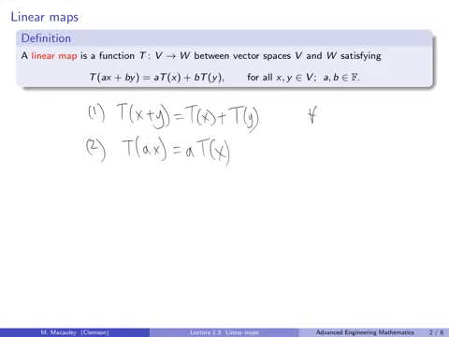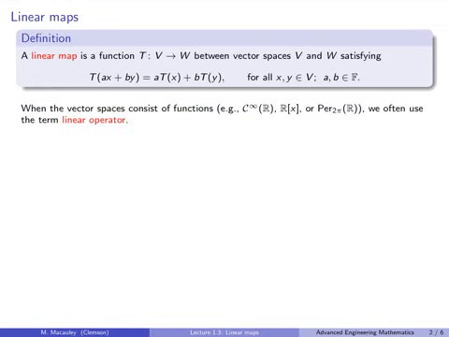This holds for all x and y in V and for all x in V and a in F. Some people prefer the single definition because it's just one condition and one line, though it's more complicated, and others prefer these two because this says you can break apart sums and this says you can pull out constants.